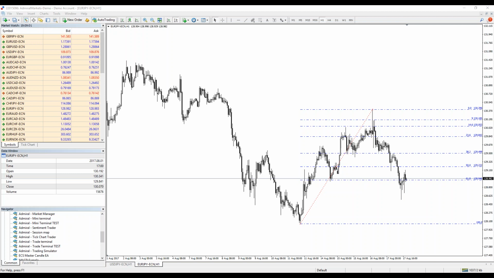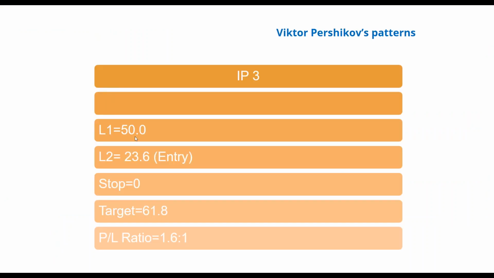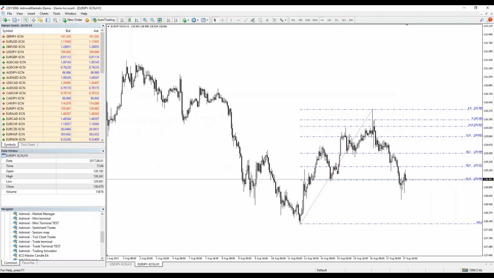So IP3 is 50 retracement, 23.6 entry. So what does it mean? Price needs to get to 50, then retrace back to 23.6 and get back to the exit position.